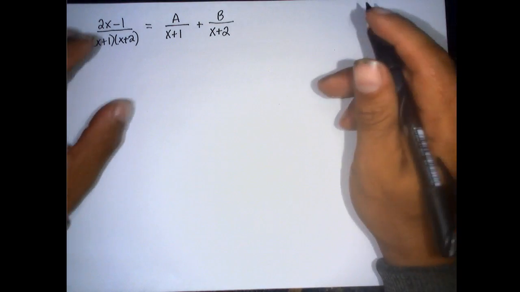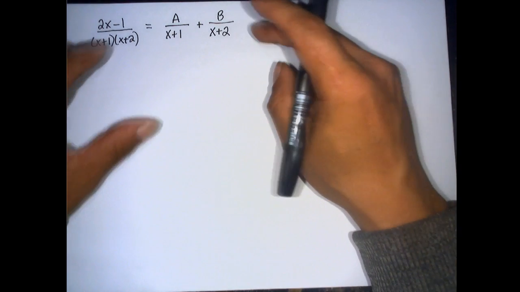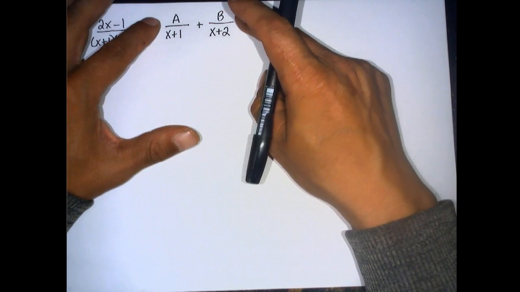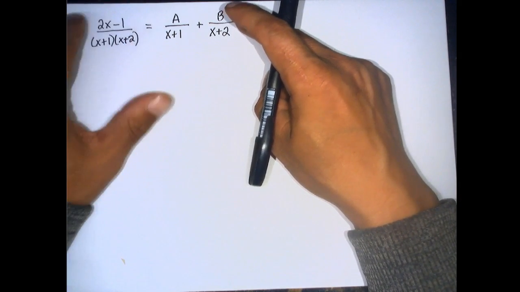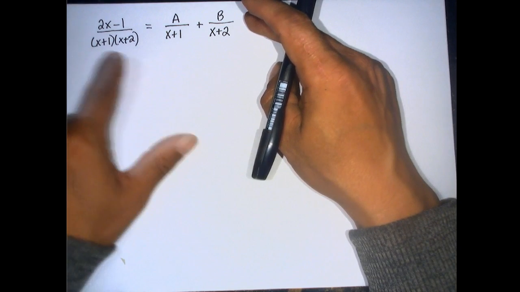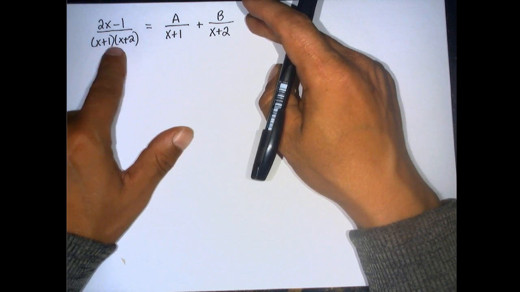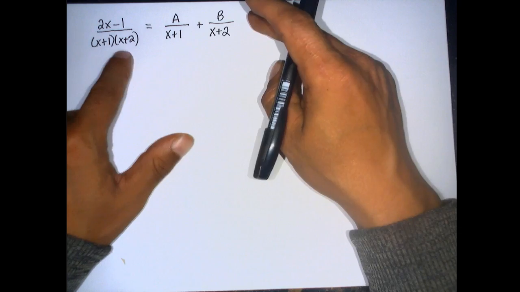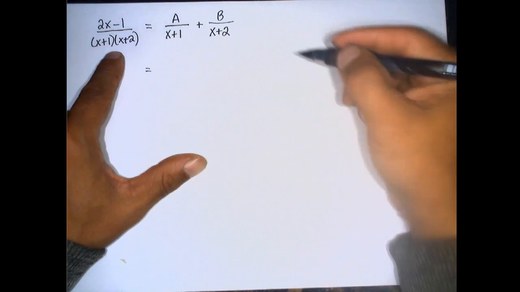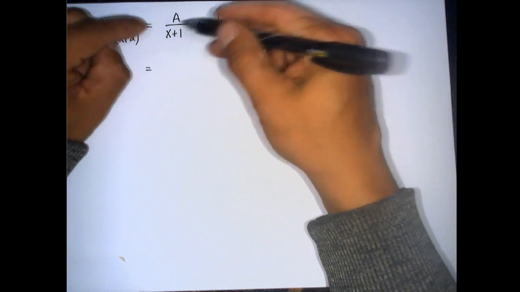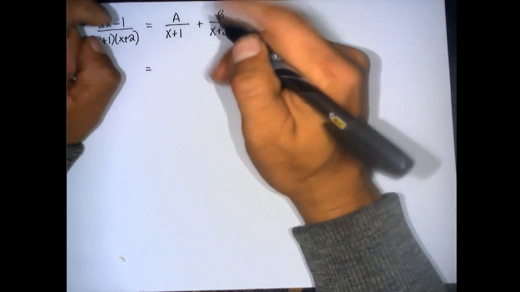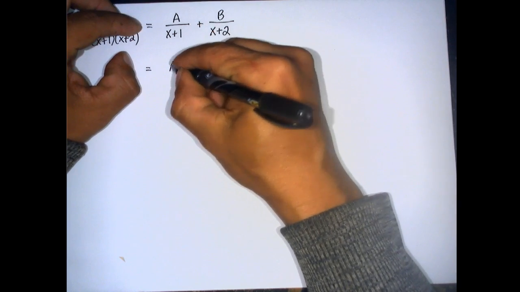Okay, so now we can combine these two by adding them. If we multiply both sides of this equation by the least common denominator, which is already given to us right here, (x plus 1)(x plus 2), then if I multiply this first term by x plus 1 times x plus 2, the x plus 1s will cancel, and we'll have a times x plus 2.